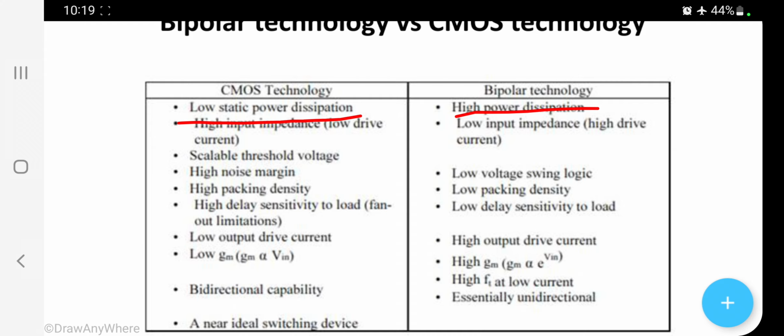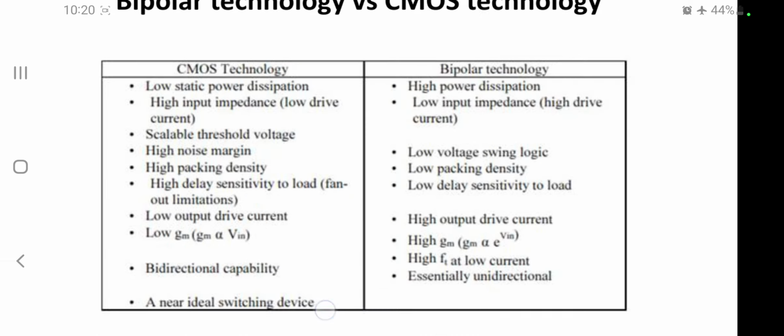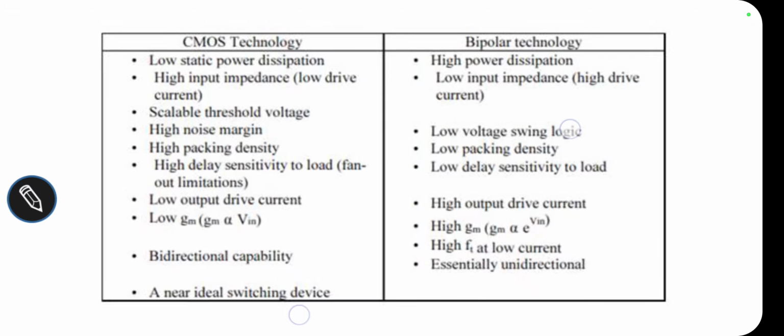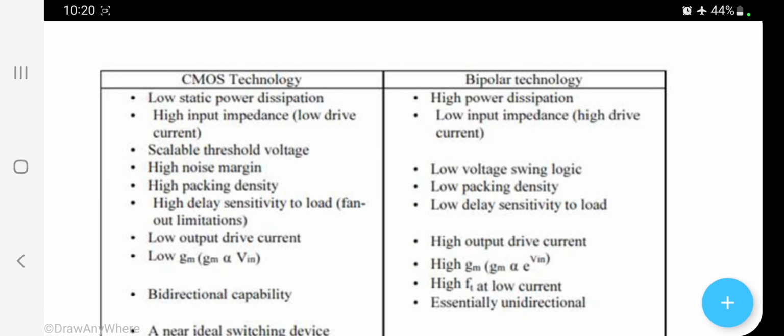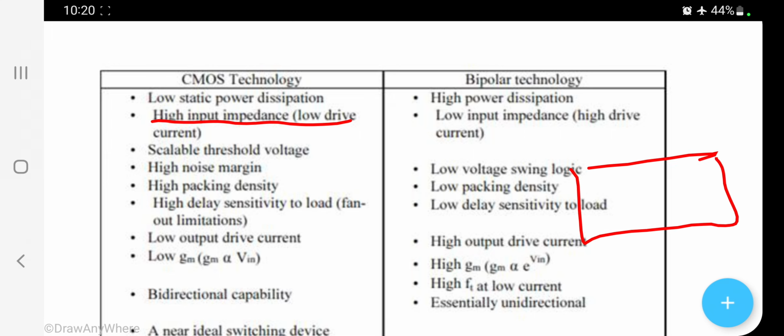Okay, next it comes to the input impedance. The second point of comparison here is input impedance. Why is the input impedance very high? High input impedance, because in the MOS technology which we use, there is silicon dioxide. I'll quickly draw it here.